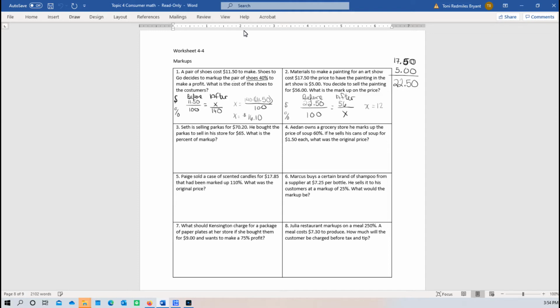Hold on. All right, I did something silly. And because X is on the bottom, we're going to have to flip first.